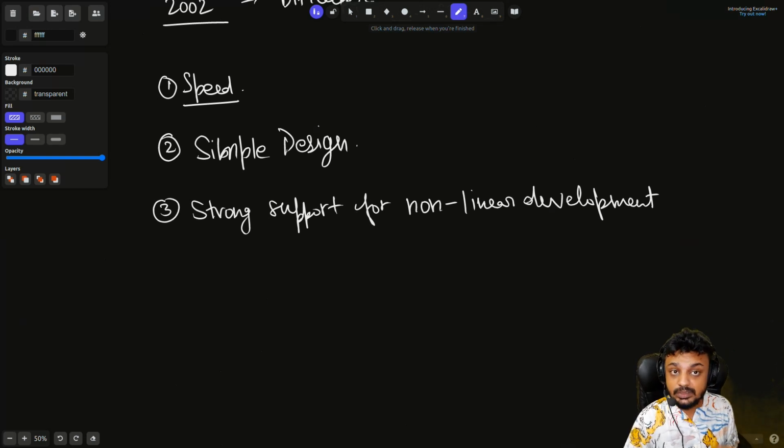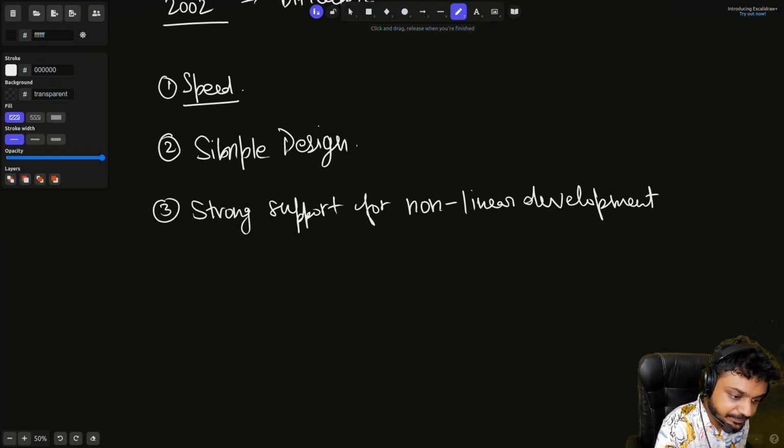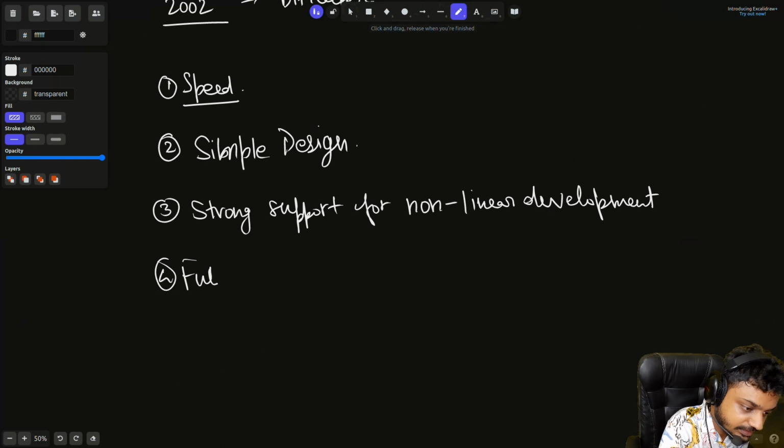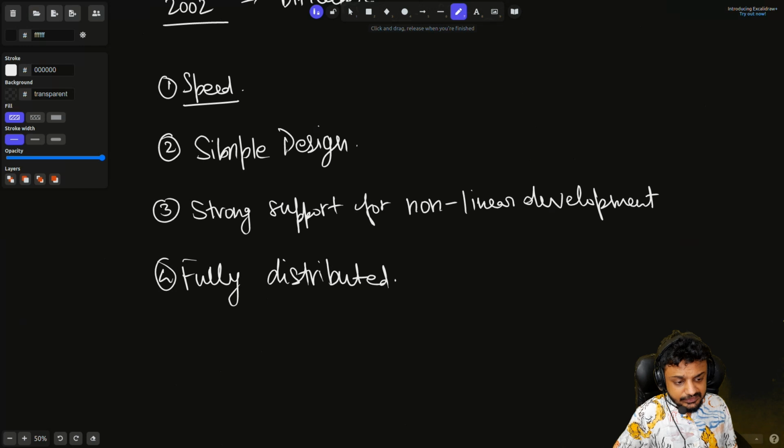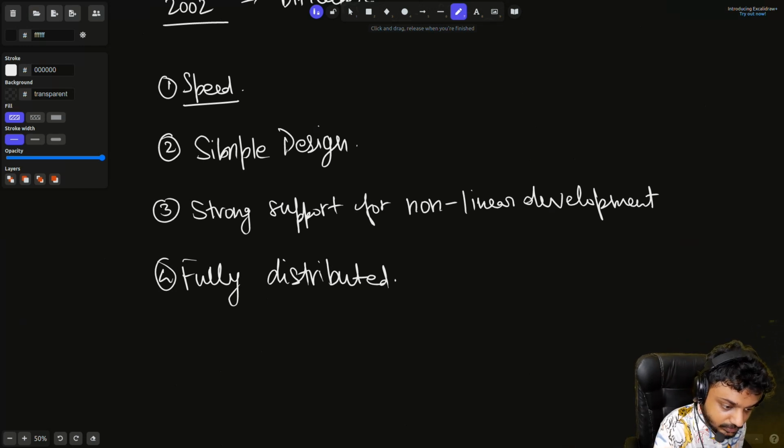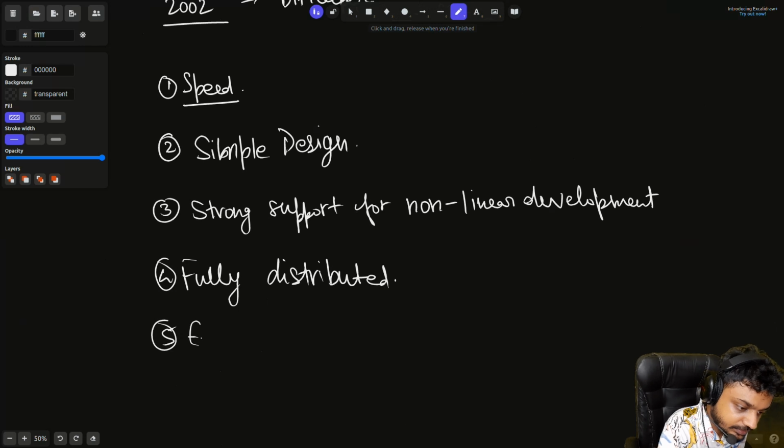They wanted the system to be fully distributed, and they wanted it to handle large and complex projects efficiently, since Linux was a very large project.